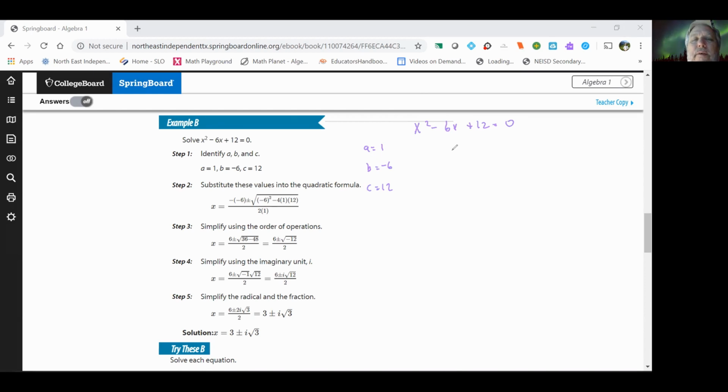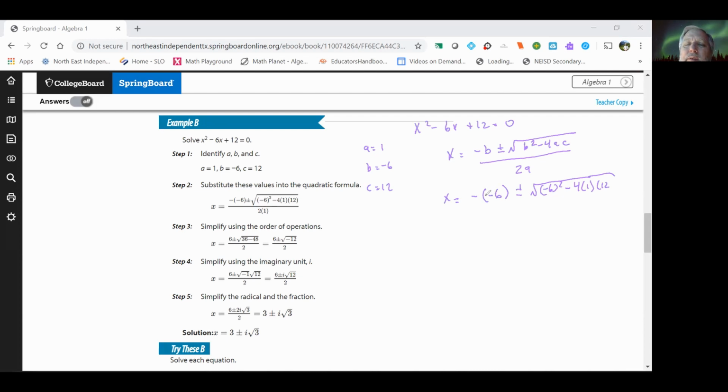In this case, x is equal to negative b plus or minus the square root of b squared minus 4ac, all that over 2 times a. And we'll plug in the numbers. x is equal to negative negative 6 plus or minus the square root of negative 6 squared minus 4 times 1 times 12.